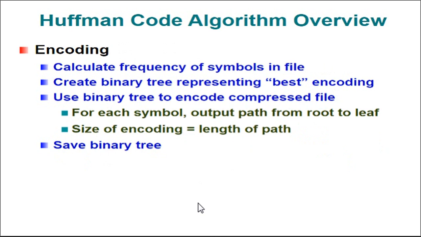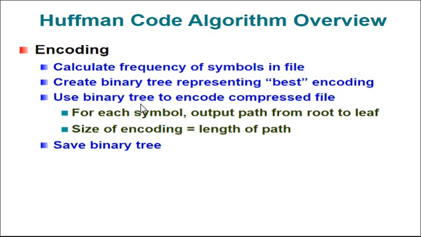Let us have an overview of the algorithm to get the Huffman code. For encoding, initially we should know the frequency of the symbols in the file. That means we will know the probability of occurrence of these symbols. Knowing this, we can create a binary tree representing the best encoding.